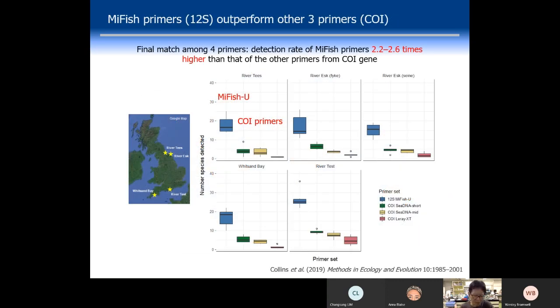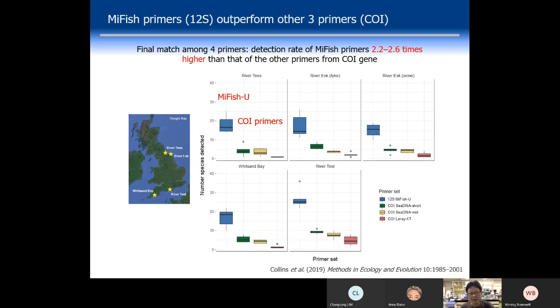The performance of the MiFish primer has been evaluated by UK researchers. You may be wondering about the CO1 gene, which has been used for barcoding, but CO1 is not useful for eDNA metabarcoding.